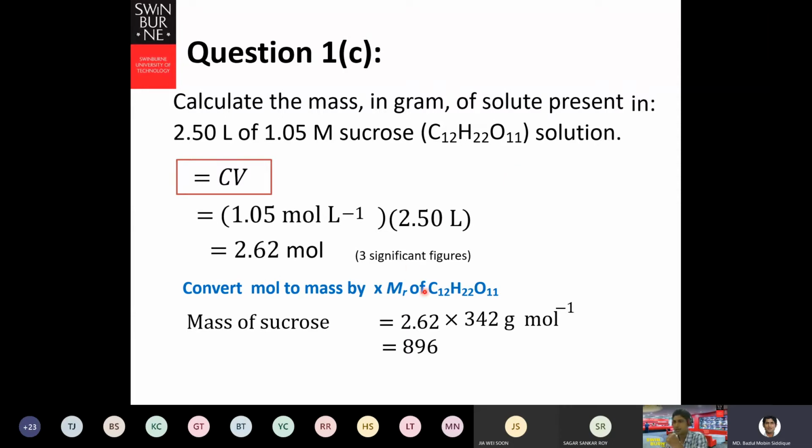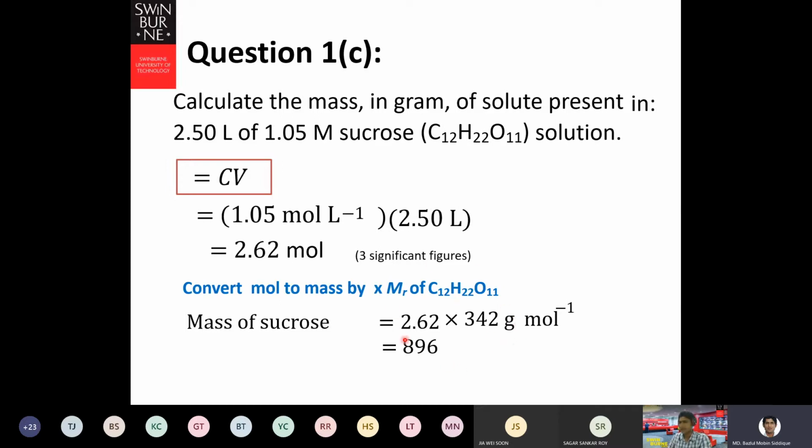Just multiply it with the molecular weight, the number of moles and molecular weight, so that gram and gram will be cancelled out, because molar is moles per liter, and from there we find the mole, and here it will be mole as well, and this mole and this mole will be cancelled out. So only gram remains.